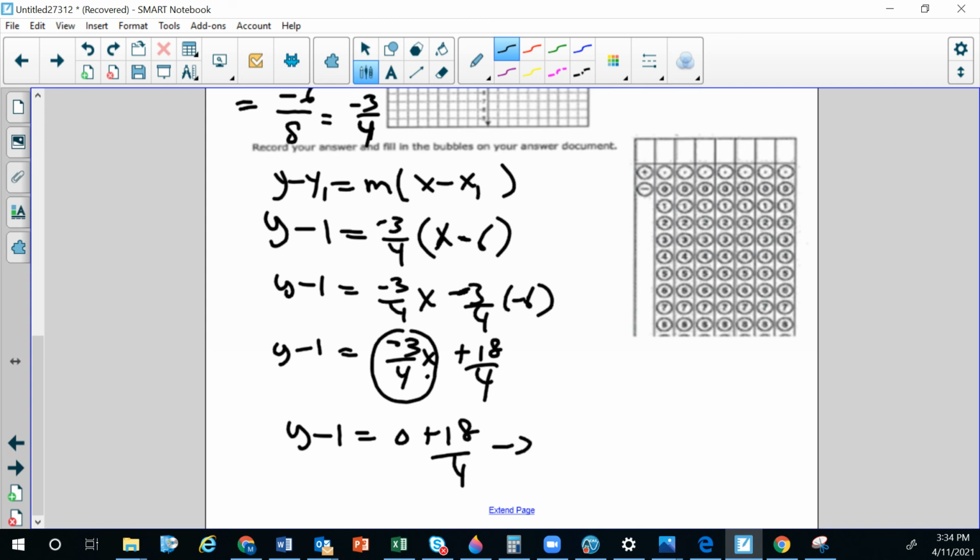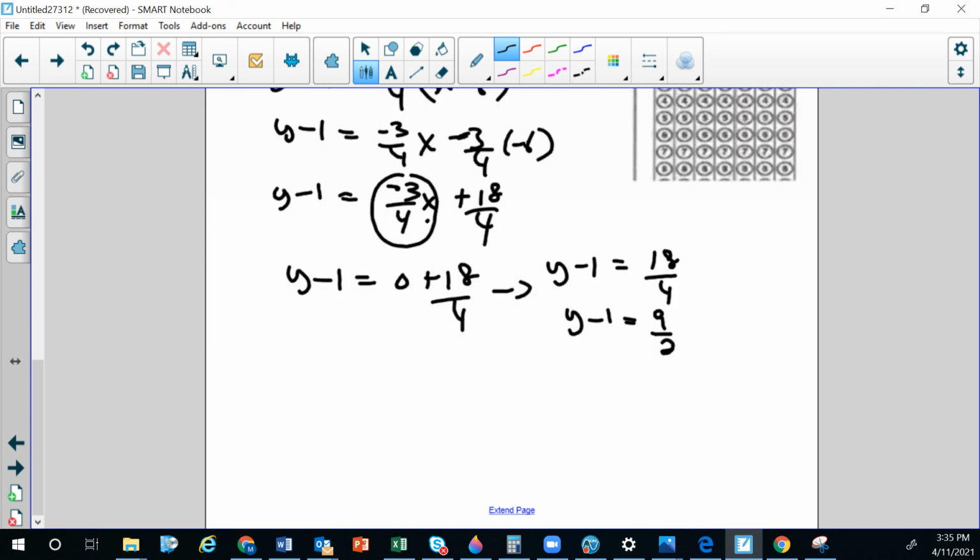That gives me y minus 1 is equal to 18 over 4. What is 18 over 4? Let's simplify that. That's 9 over 2. Everybody see that? 18 over 4 is 9 over 2.